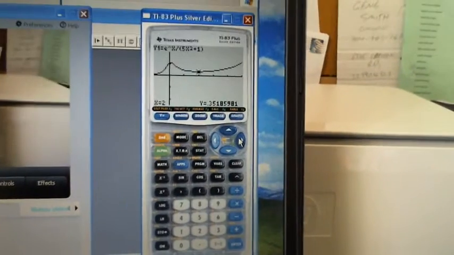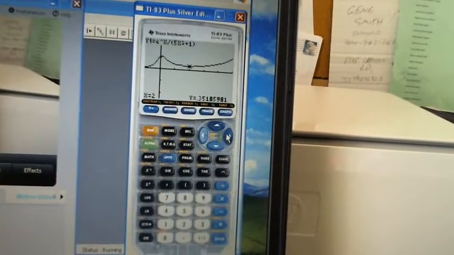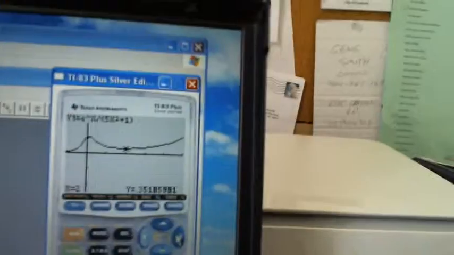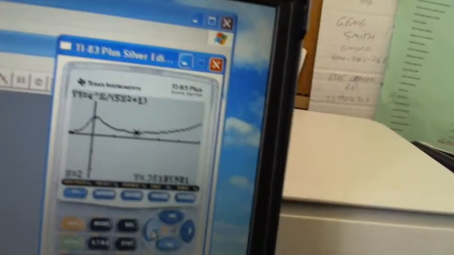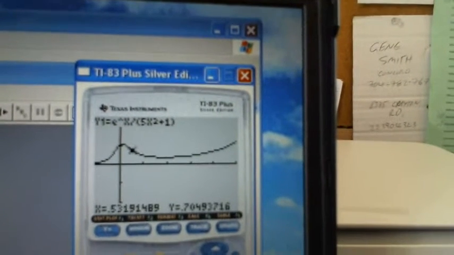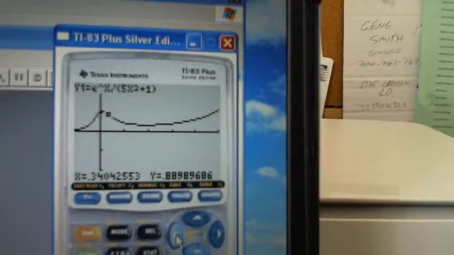Then we are decreasing from 0 to 2. And we would be concave up. Awfully close.